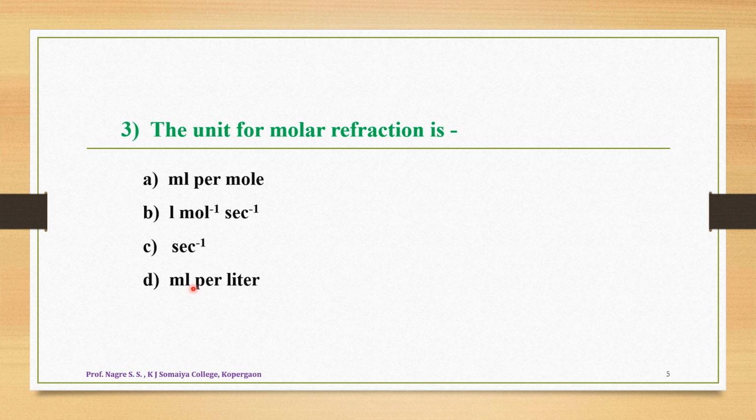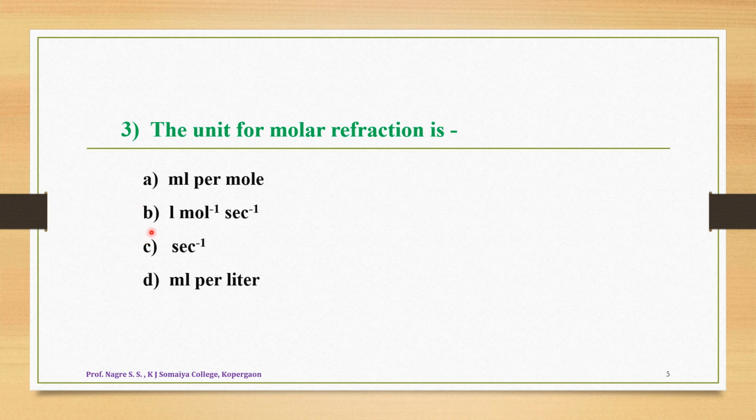The question number 3 is there. The unit for molar refraction is, and the options are, option A is ml per mole, option B is liter per mole per second, option C is per second, and option D is ml per liter. Now if we look carefully among these options, the options B and C belong to the unit for the different type of the order of reactions.